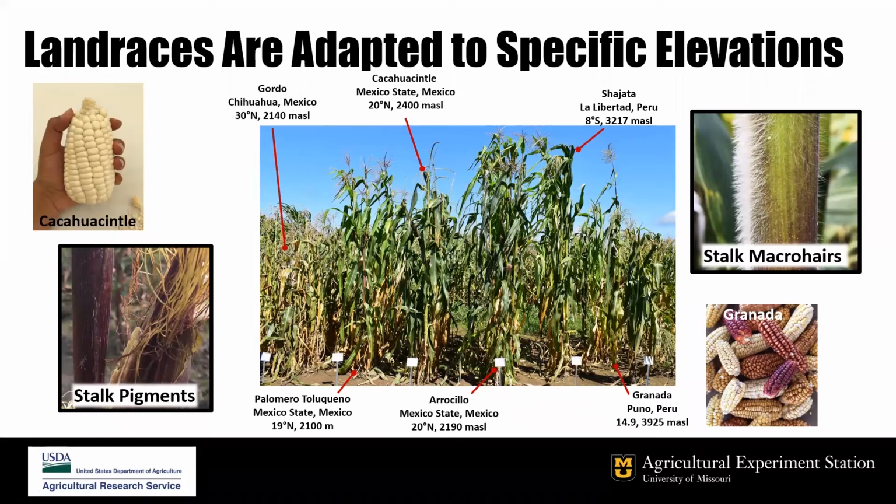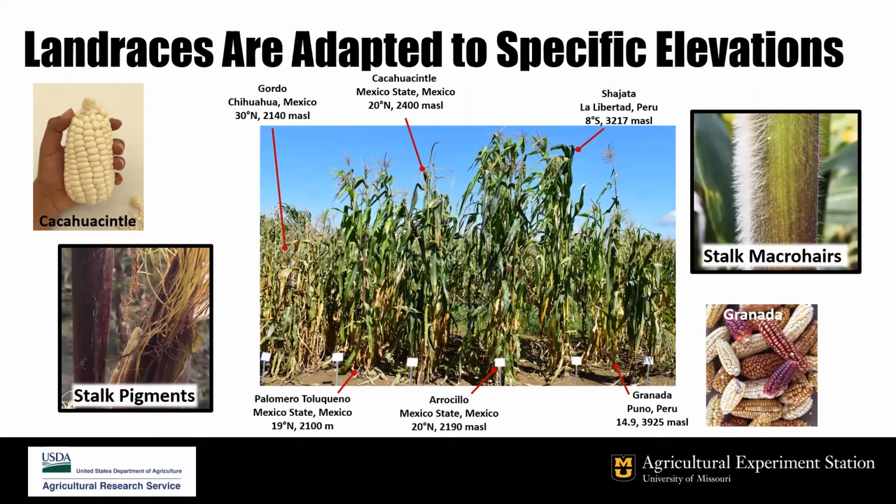But it also has those same pigments and hairs. Here you can see the purple stalks in the Mexican landraces and also in the South American landraces. So how did this corn gain the same adaptation traits in the absence of the Mexicana Teosinte? And so we believe that this is an example of parallel evolution.